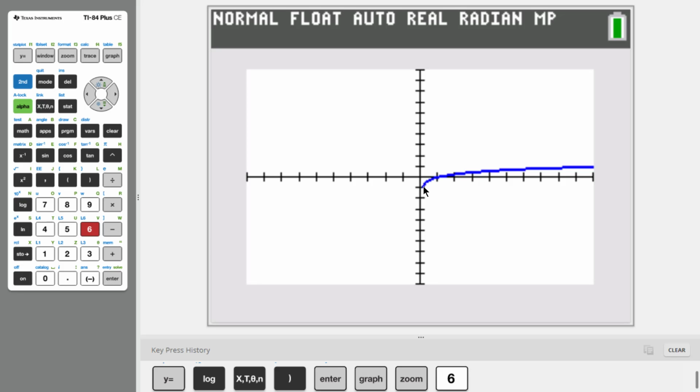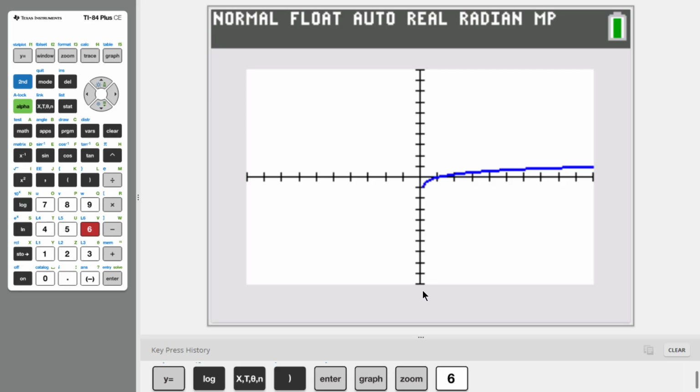Now this isn't true. We actually have a vertical asymptote right on top of the y-axis, and the graph of log of x gets closer to the y-axis as x gets closer to 0. The graph should continue downward and approach negative infinity. However, the graphing calculator just isn't capable of drawing the graph so close to the y-axis.